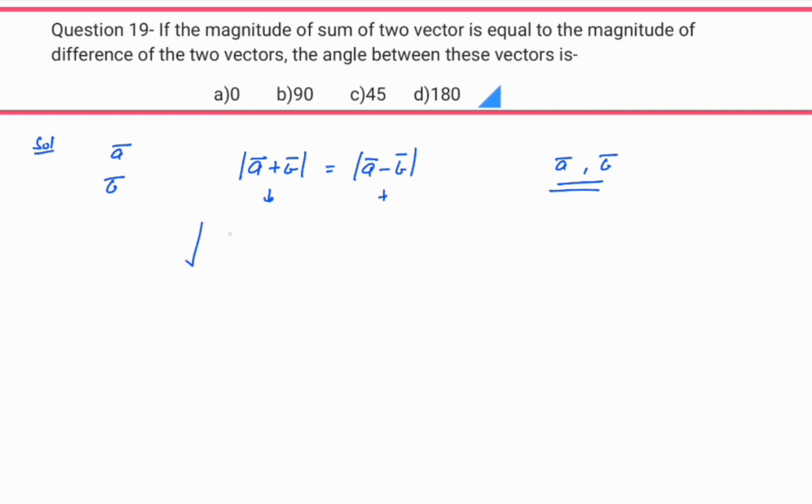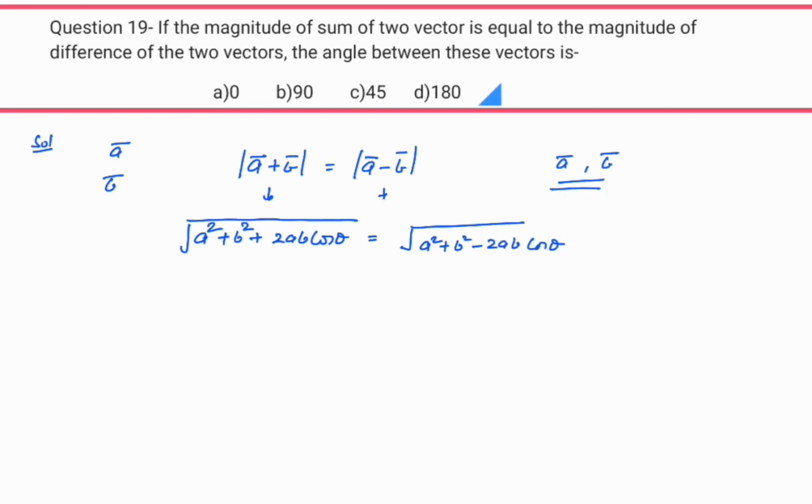Here we know when two vectors are added, what we get? A squared plus B squared plus 2AB cos theta. And what is the formula for the subtraction? You will get A squared plus B squared minus 2AB cos theta. Now square both sides. What you will get?